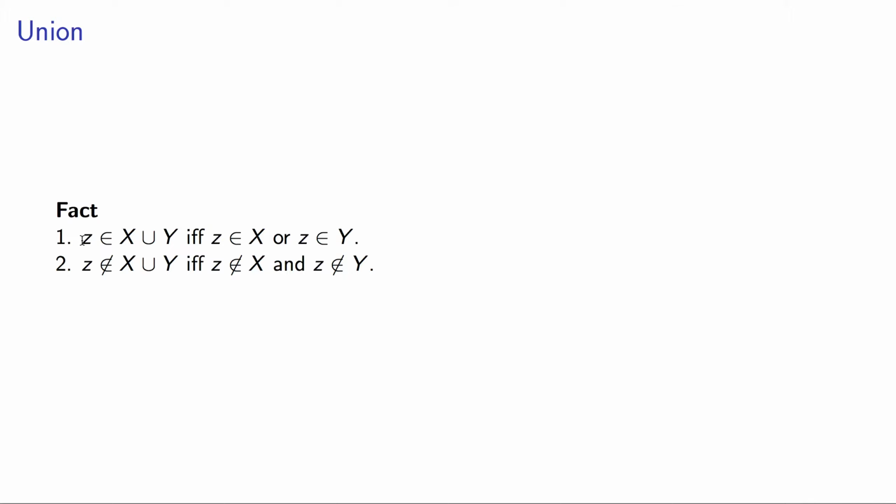Here is a fact which is really useful in proving properties of set operations. Z is a member of X union Y if and only if Z is a member of X or Z is a member of Y. This is something worth remembering.